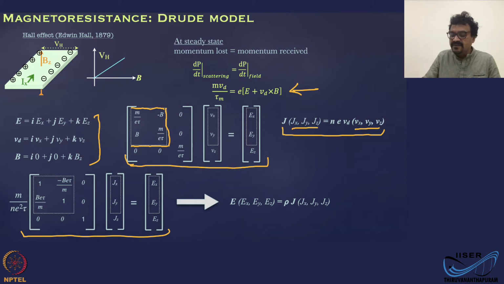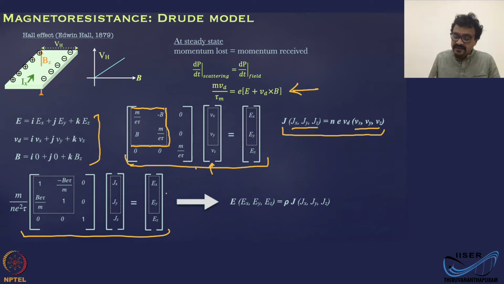So the aim here is to replace these with the J_x, J_y, and J_z components. That is the only change when you go from here to here. So you take these v's and replace those with J_x, J_y, and J_z using this equation. And you do some rearrangement, and eventually you will get m by n e squared tau, into this matrix. The J vector is going to give you the E vector, the electric field vector.